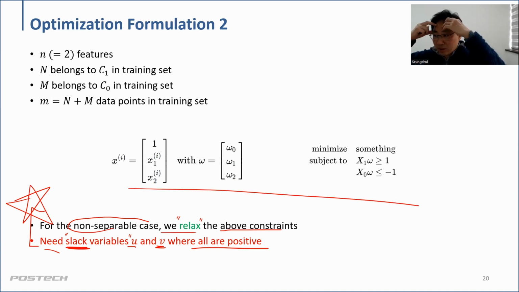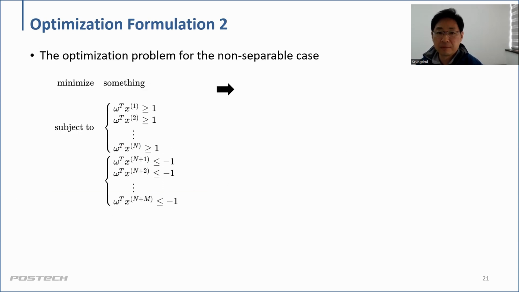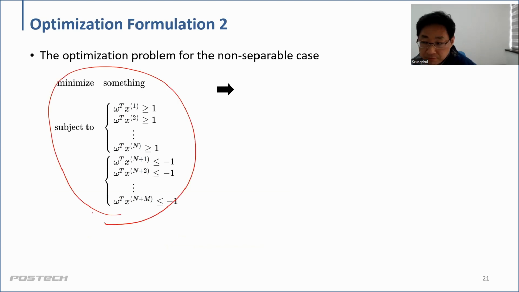So the original constraints are too strict. I want to release, or relax, some of the constraints. In order to do that, I'm going to introduce slack variables as well. That's the first attempt that we had.